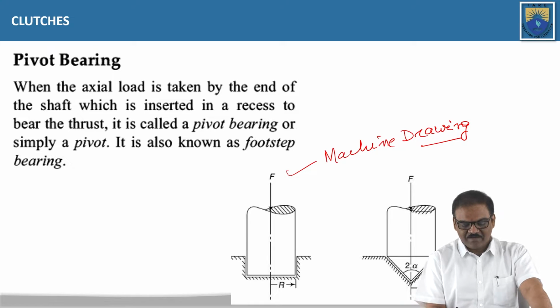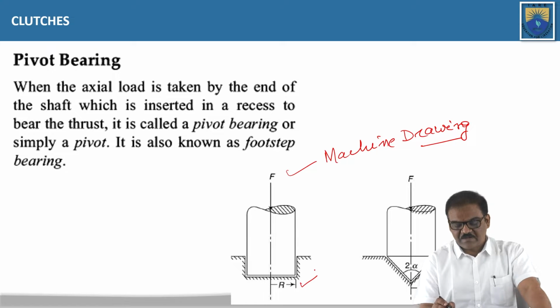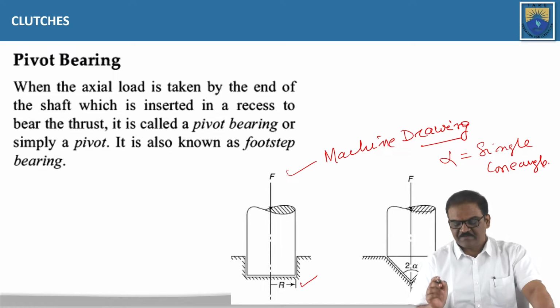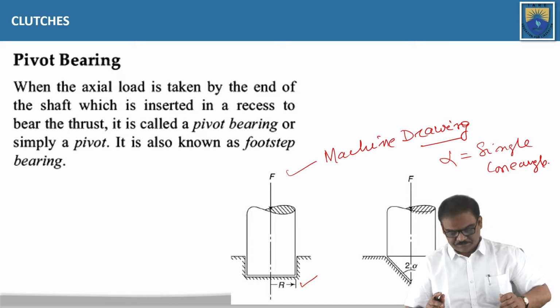And here, a single plate clutch without any recess has a radius r. When it comes to a conical clutch, the included angle is 2 alpha, where alpha is the single cone angle, and the radius is also r.